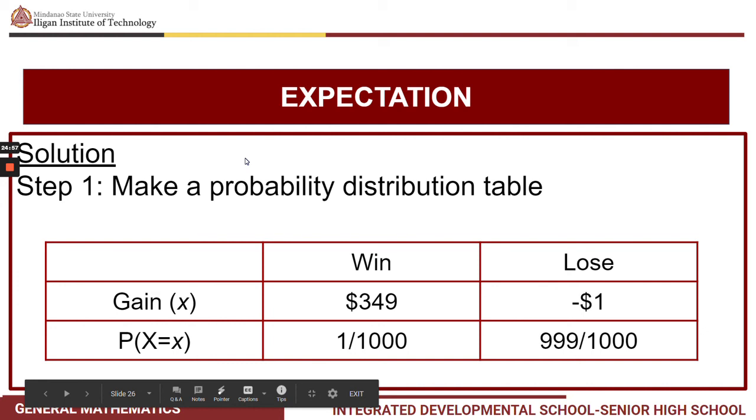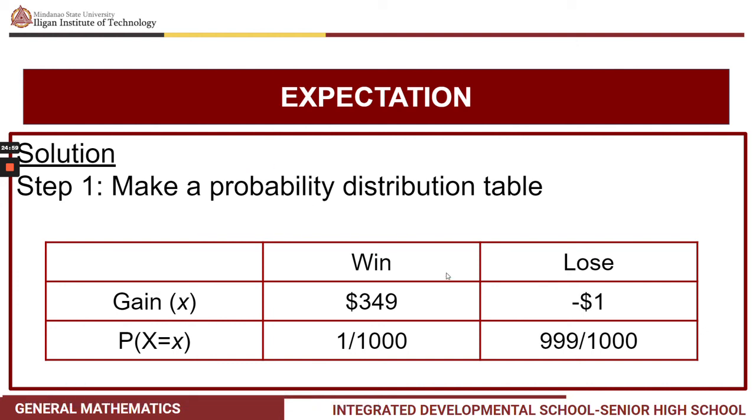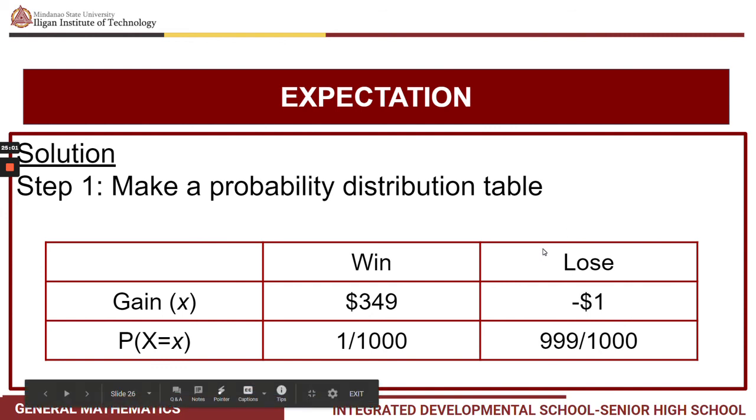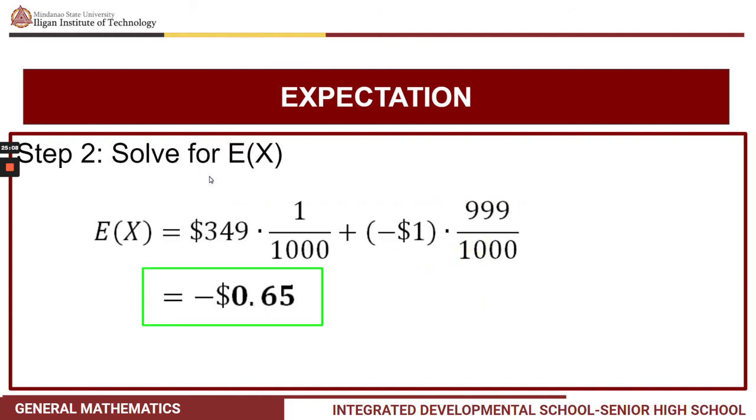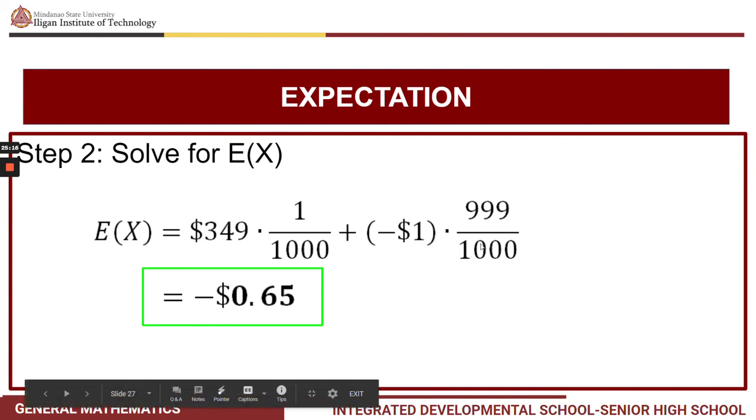Okay, now that you have your probability distribution table, you can now solve for the expectation or expected value or for the mean. So to solve the mean or expected value, it's just 349 times its probability na 1 over 1,000 plus negative $1 times its probability na 999 over 1,000. And that is equal to negative $0.65.